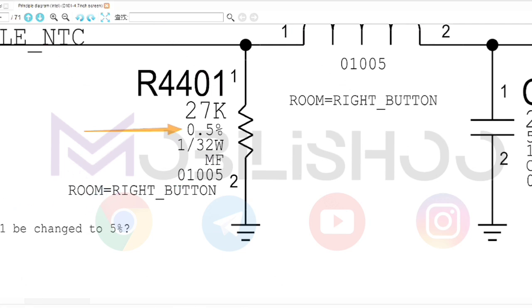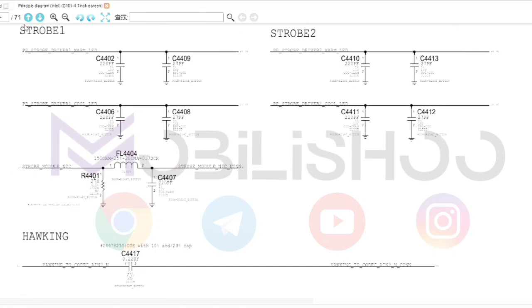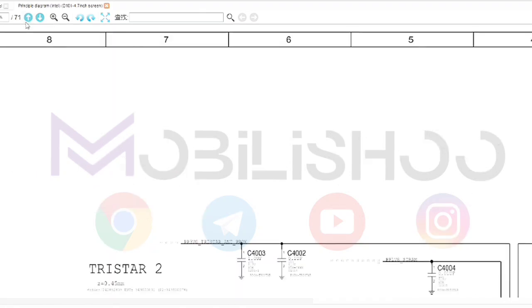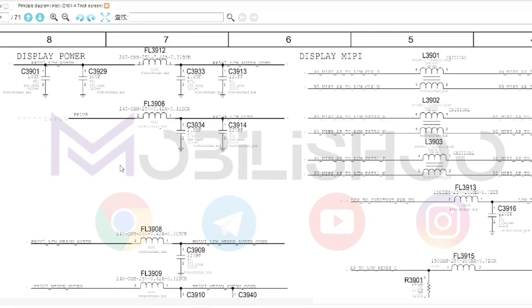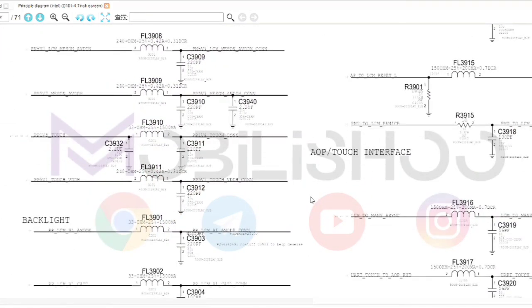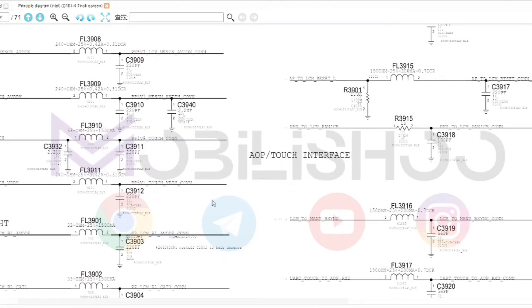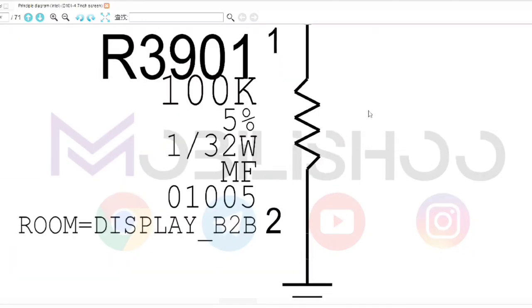Its wattage is also the same as the previous resistor, and the resistor is in the circuit of the keys, the volume up key, and you can see this part easily. We will check other parts of the map about resistors and explain them.